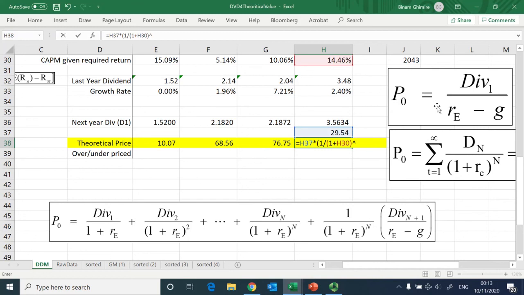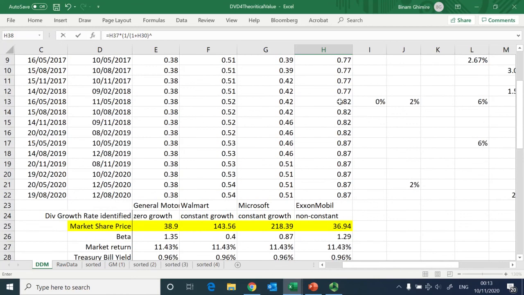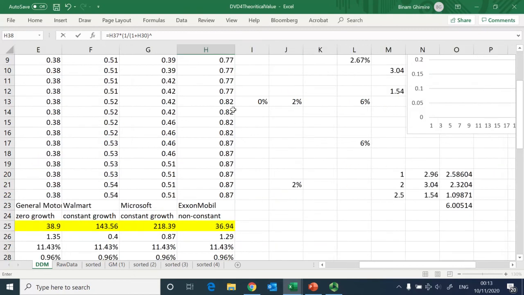Now remember, what is it? This is something you are going to receive. We said halfway through, because from halfway through this will be a constant growth in dividends. So 1, 2, 3, 4, 5, 6, 7, 8, 9, 10.